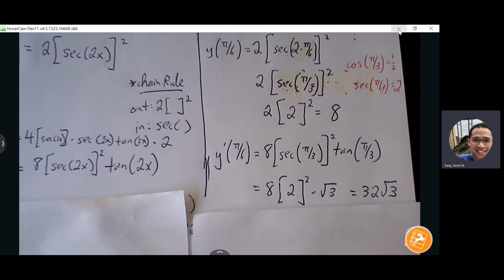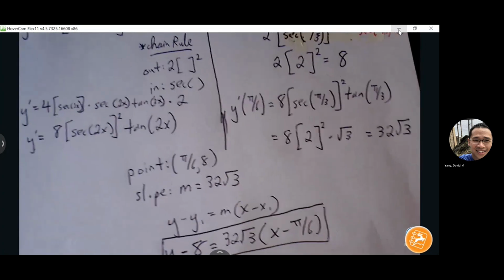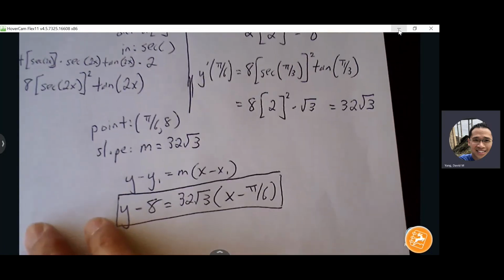Tangent of pi over 3 is √3. Put all that together, you get 32√3. My ordered pair is pi over 6, 8. My slope is 32√3. And then finally, point slope form.